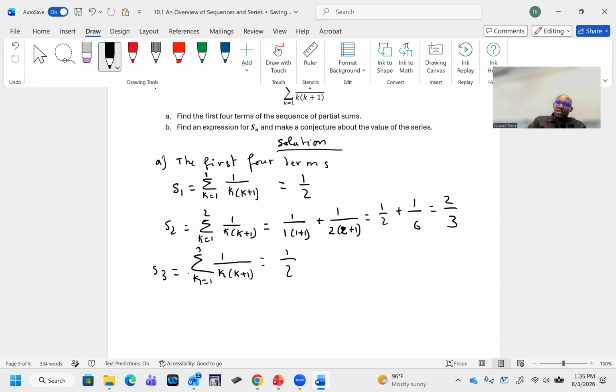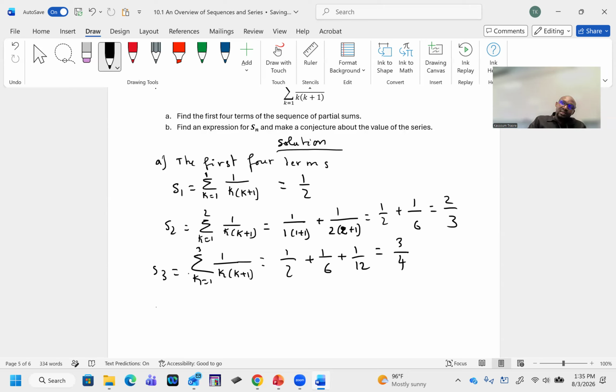We have already found the second term, which is 1/6, so plus 1/6. Now plus, if you substitute 3, 3 plus 1 is 4, times 3 is 12, so plus 1/12, which is 3/4.